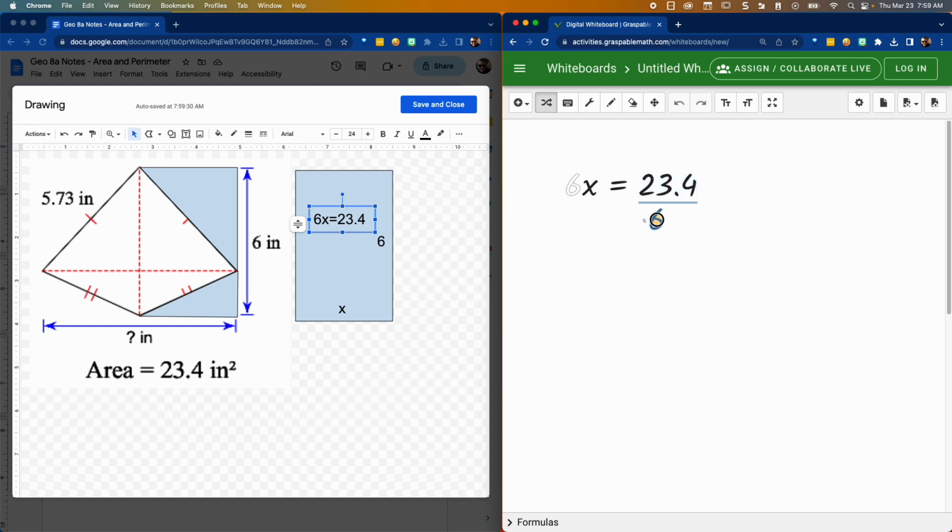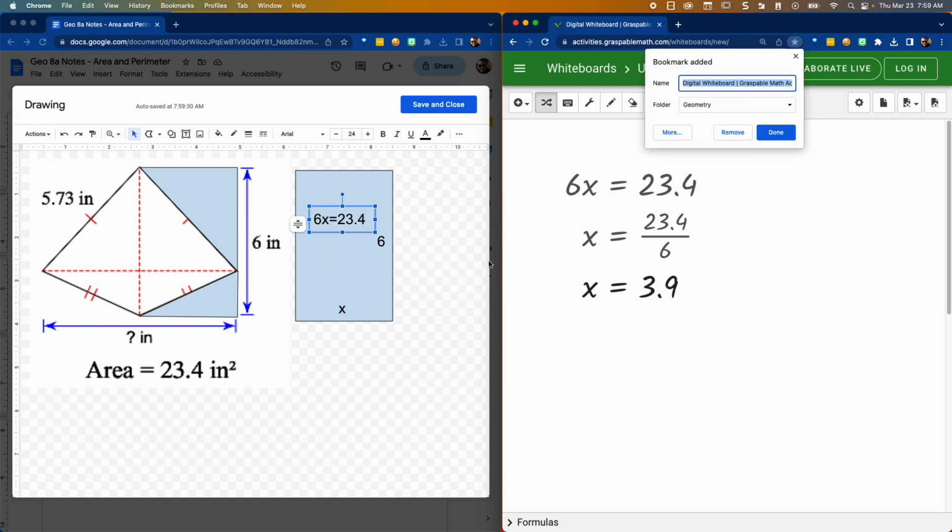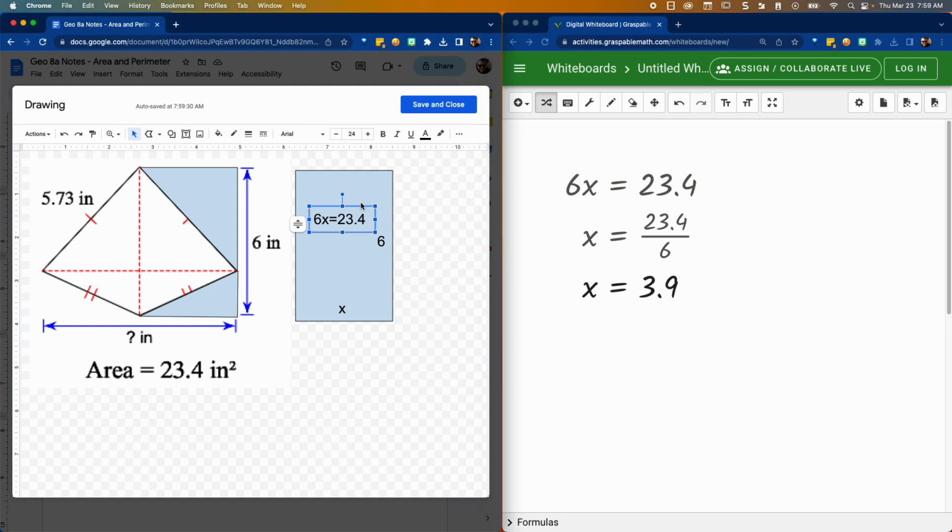So then if I divide the 6 on both sides, I learn that x is 3.9. So in other words, if I get over to this text box and copy and paste it, I can say that this edge right here, x, is equal to 3.9. All right, now that's not what the question mark is.